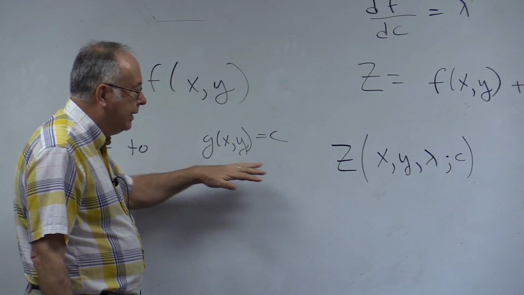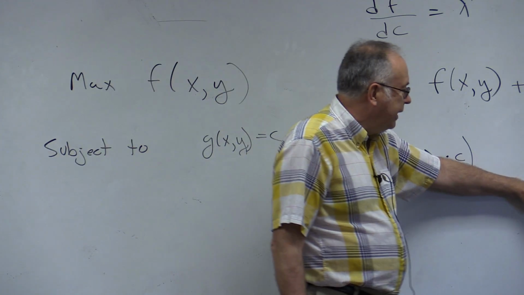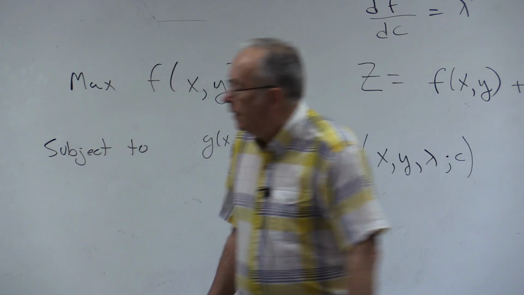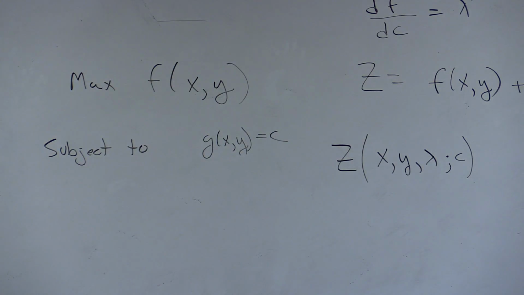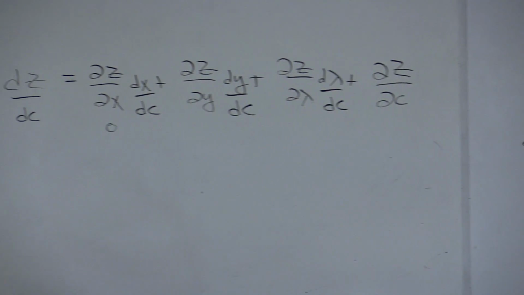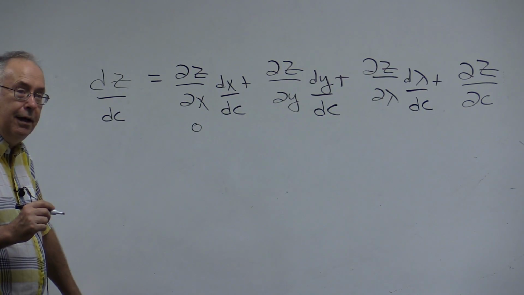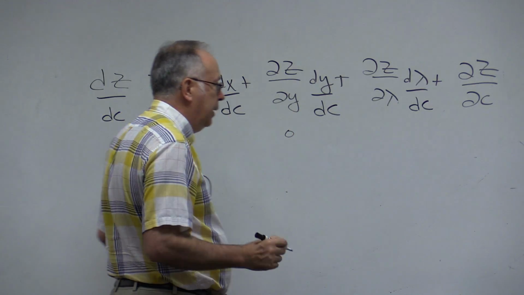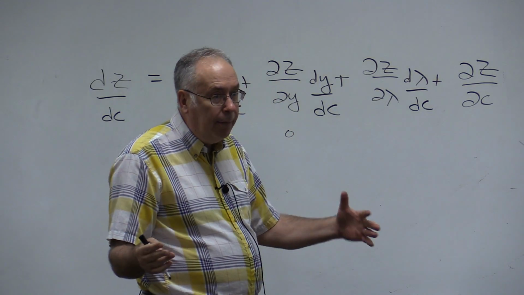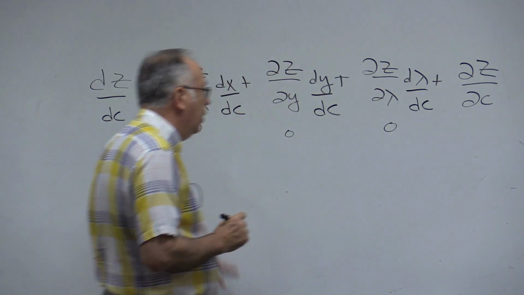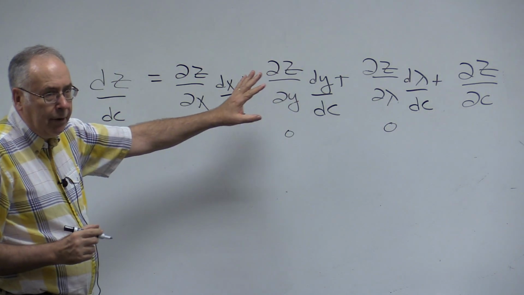So in that case, partial z partial x is what? 0. So that's 0. What about partial z partial y? That's 0. That's just the first order conditions. So we're assuming all the constraints are binding. Partial z partial lambda, 0. So all of these terms drop out.